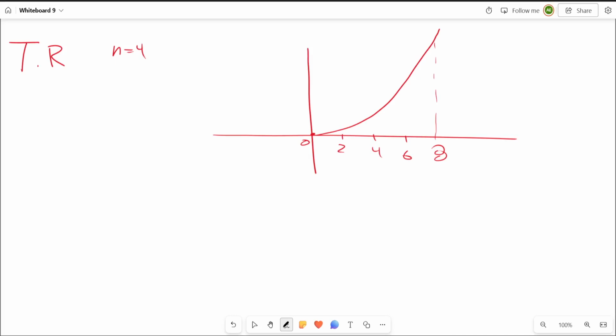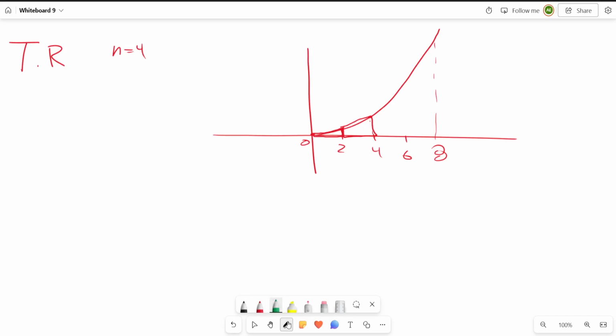So over here, I'm going to have this trapezium, and then over here, I'm going to have another trapezium, and then let's do it with another color. Over here, I'm going to have another trapezium, and can you see that in this case, it could give me a more accurate answer?